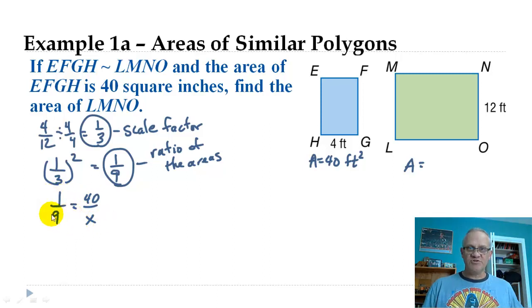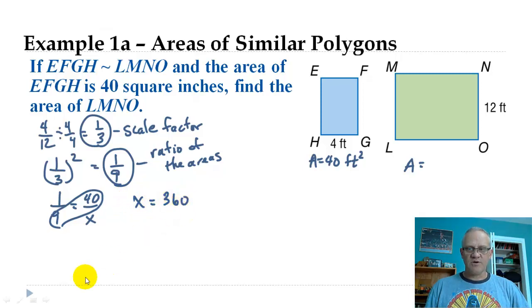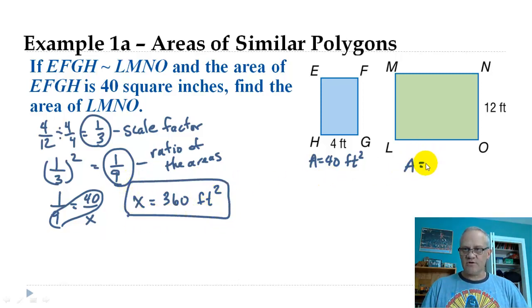If we're solving a proportion, we cross multiply, or the butterfly method, you might remember. So 1 times x would just be x, and then 9 times 40, which would be 360. And so that would be 360 square feet. That's our area over here.